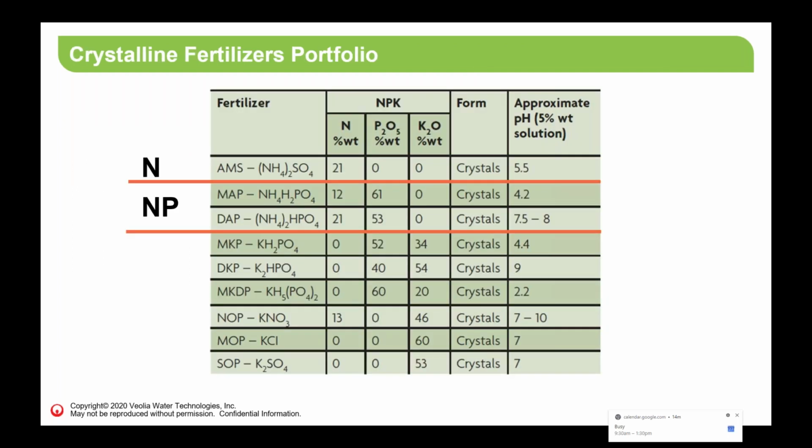So let's continue our fertilizer portfolio list. We have other soluble crystalline fertilizers, phosphate and potassium phosphate crystalline fertilizers. So we have MKP, monopotassium phosphate, dipotassium phosphate, and monopotassium diphosphate, and this last one, 0-60-20, is very interesting because it's actually called the solid phosphoric acid because it is very acidic.